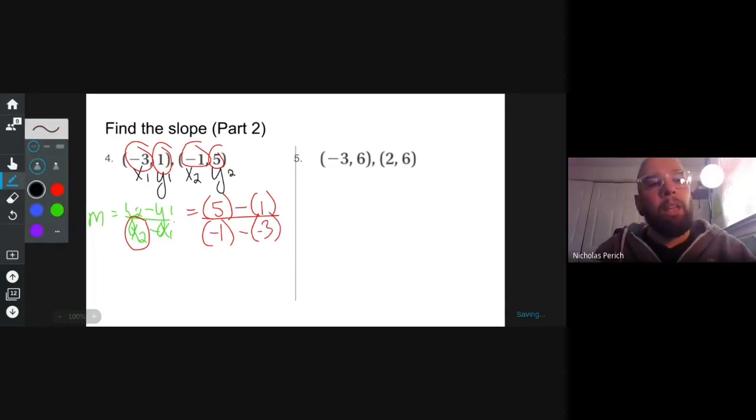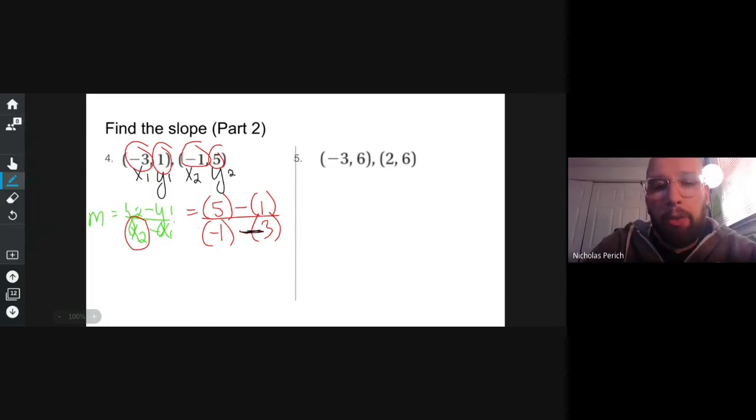If you see any double negatives, make it a positive. So there's a double negative there. On the top, I have 5 minus 1, which is 4. And in the denominator, I have negative 1 plus 3, which is 2. And 4 over 2, believe it or not, is 2.